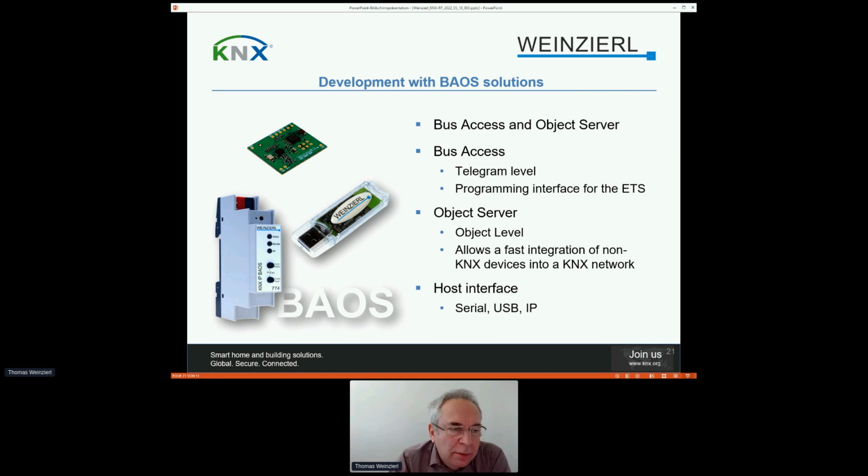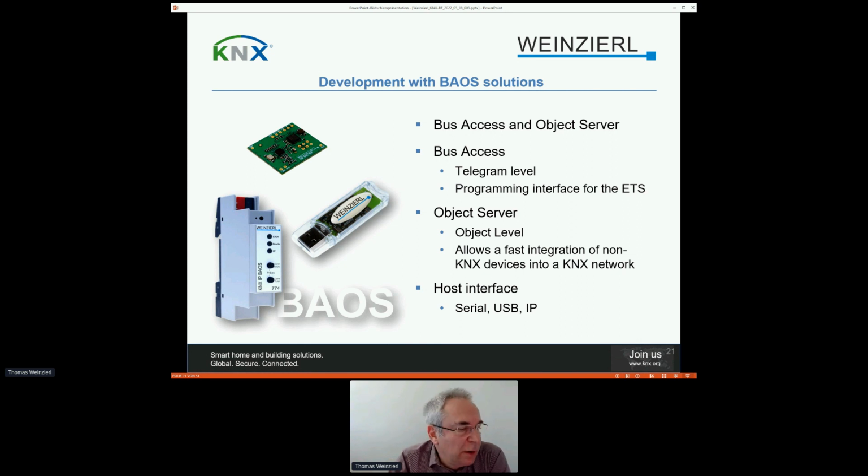The more important part from our use case is the so-called object server. Here, the communication with the host is not on telegram level, but it's on object level, on communication or group object level. And this allows a fast integration of non-KNX devices into a KNX network. As a host interface, we support serial, USB as well as IP.